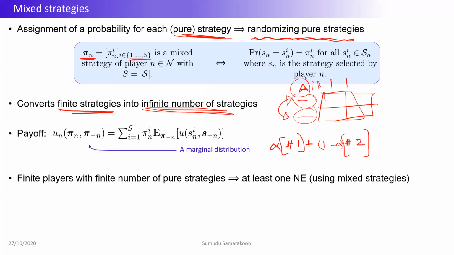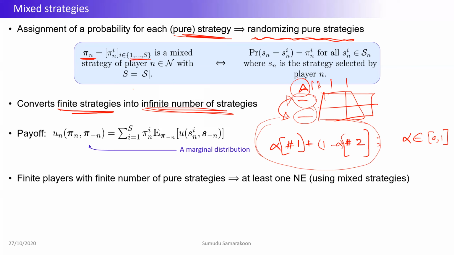The choice of alpha is going to be between 0 and 1. So in this domain, we can have an infinite number of choices for alpha. It means we have an infinite number of possibilities for mixing these strategies.